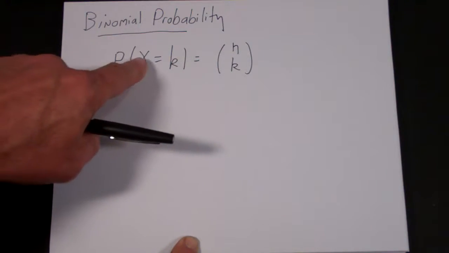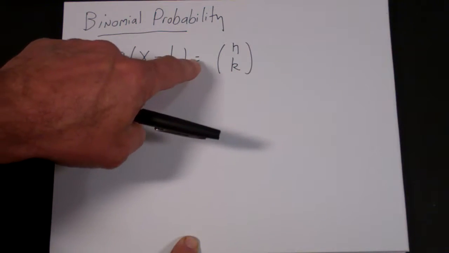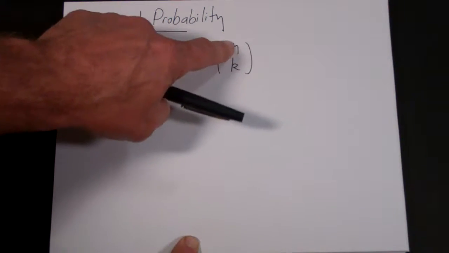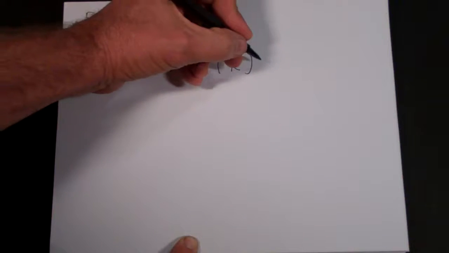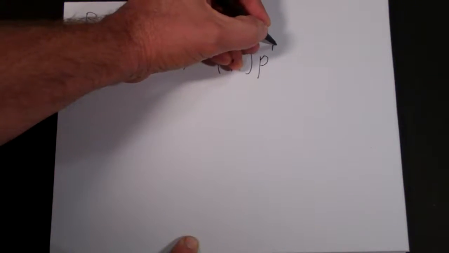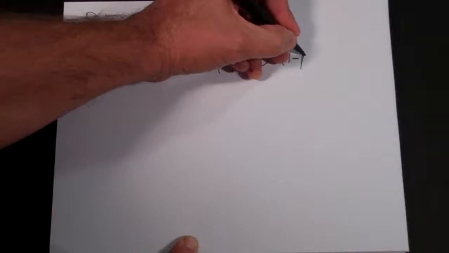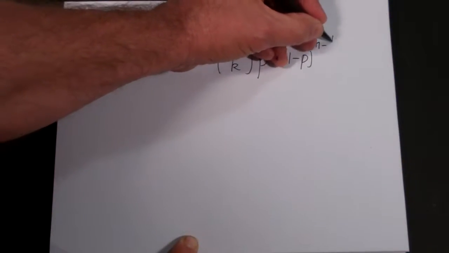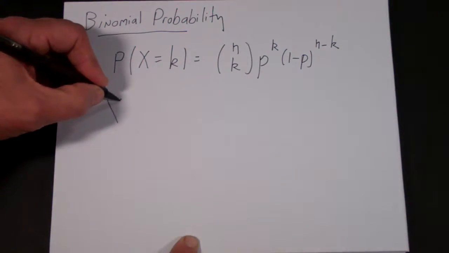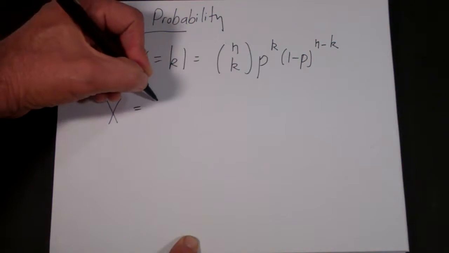So this is the probability X is equal to k is equal to the binomial coefficient n choose k, p raised to the k, 1 minus p raised to the n minus k. X is the random variable.